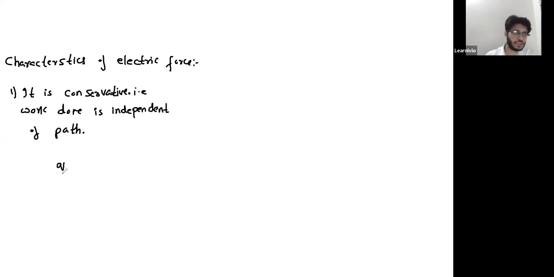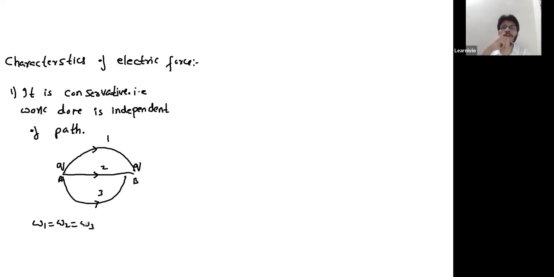So I'm taking this charge Q from point A to point B. If electric force is conservative, then whether you take this charge from A to B by path 1, path 2, or path 3, in all paths, work done is same. If work done is independent of path, then you say that force is conservative.